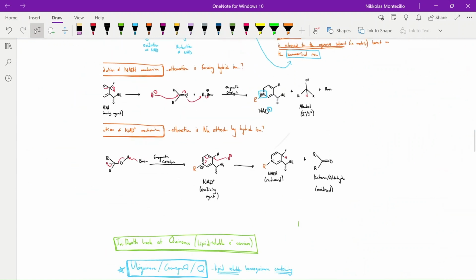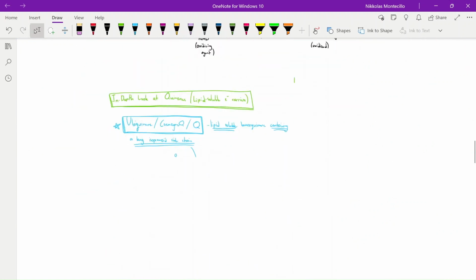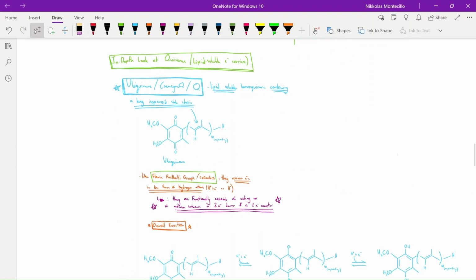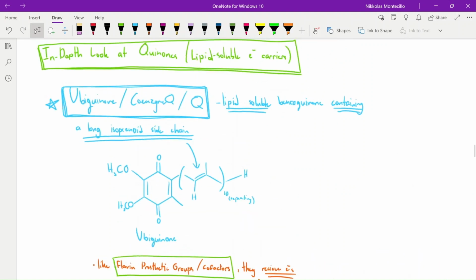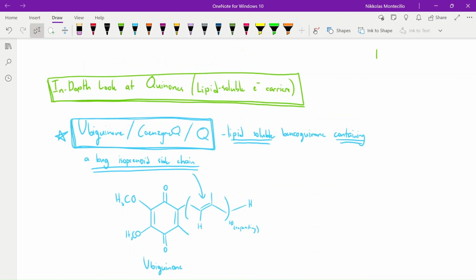Now, another electron carrier that we want to take a look at are quinones, which are lipid soluble. So they're soluble in lipids. Ubiquinone, or coenzyme Q, or Q, are lipid soluble benzoquinones containing a long isoprenoid side chain, essentially this side chain right here.